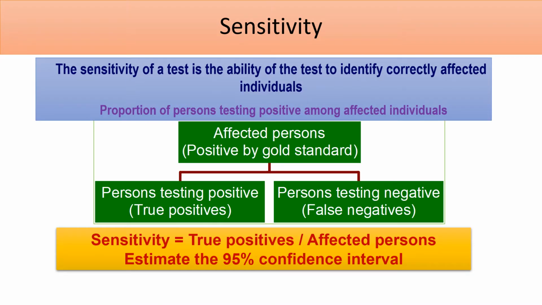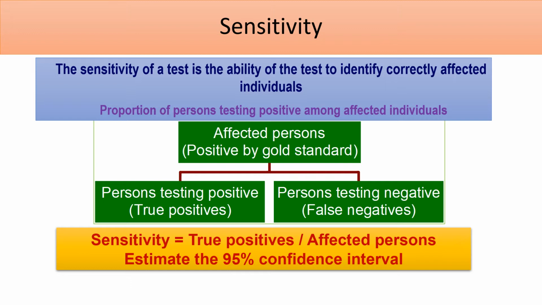As you know, sensitivity is one of the most important concepts in healthcare. The sensitivity of a test is the ability of the test to identify correctly affected individuals. In other words, it's the proportion of persons testing positive among affected individuals. So we can divide the affected persons in two parts.